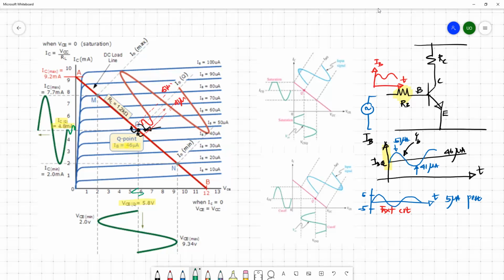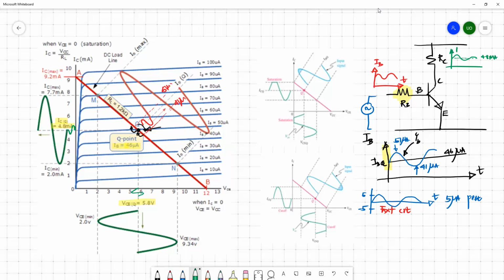So this is the collector current variation and the collector-emitter junction voltage variation. If you draw it, initially you have a DC current of 4.8 milliamperes with this fluctuation, so you have this kind of a collector current. This is 4.8 milliampere DC.